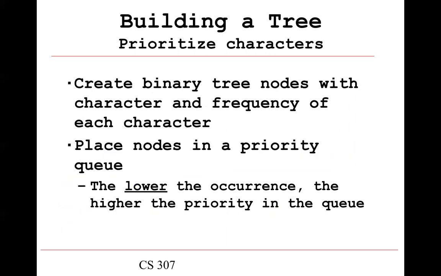Okay, next we need to create a tree node for each of the characters in this frequency map. Then we can place these nodes in a priority queue, and we need to pass a comparator to this priority queue. The lower will be in front.